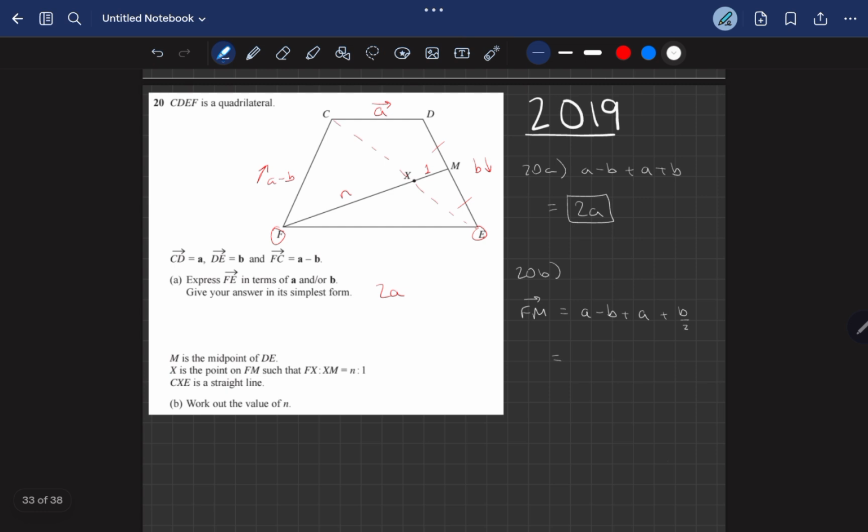And this gets us (2A minus B) over 2. Now, if we want to find what FX is, you know that FX is just n over n plus 1 of this, n over n plus 1 of (2A minus B) over 2.